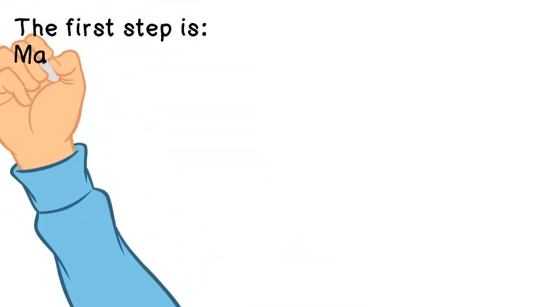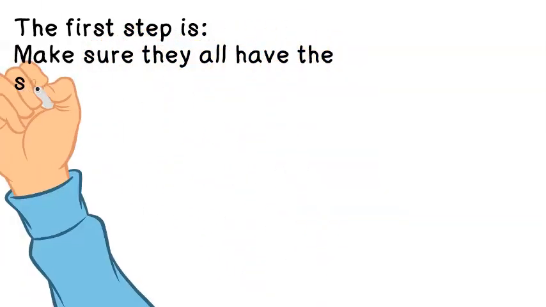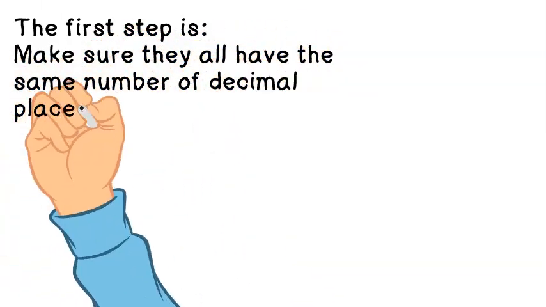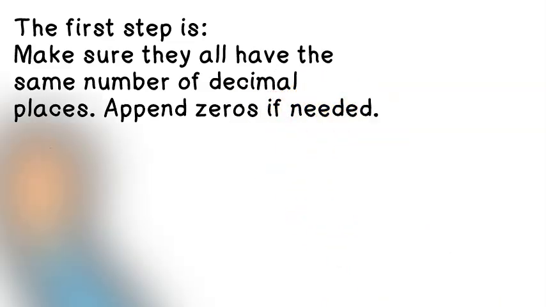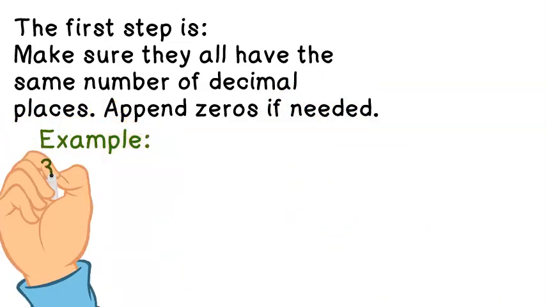Now that you understand how to find the stem and leaf, let's look at doing a stem and leaf plot. The first step is make sure they all have the same number of decimal places. Append zeros if needed. Here's some examples.